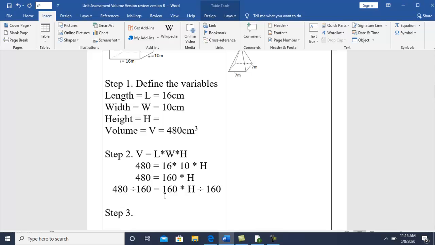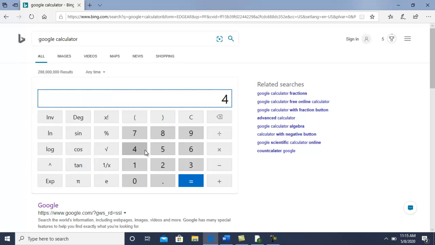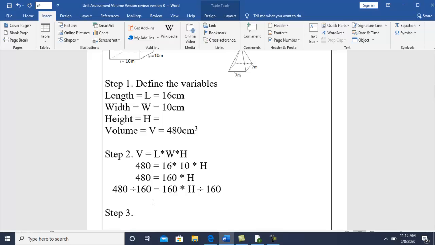Okay, so what's going to happen on the left side, let's do the calculating. We're going to take 480 divided by 160, and that's going to equal 3. So we're going to put 3 over here. And then on this side, what happens is the 160 and the 160 will cancel each other out.